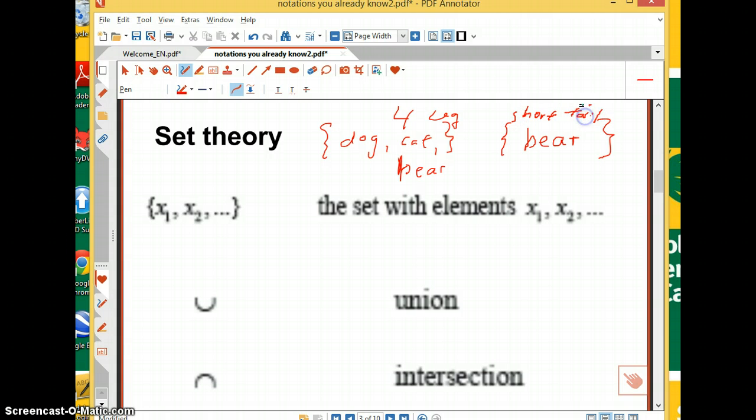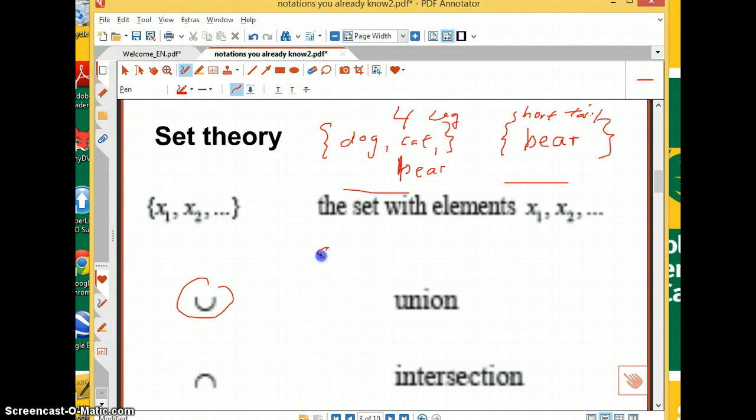So remember what union and intersection do. If you take the union of the set of four-legged animals and the set of short-tailed animals, you're going to get every single animal that is in either set.